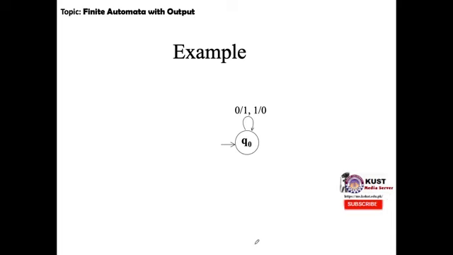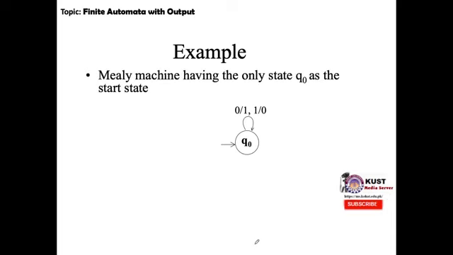Consider an example. Mealy machine having the only state Q0 as the start state. The input letters are 0, 1 and the output letters are 0, 1.